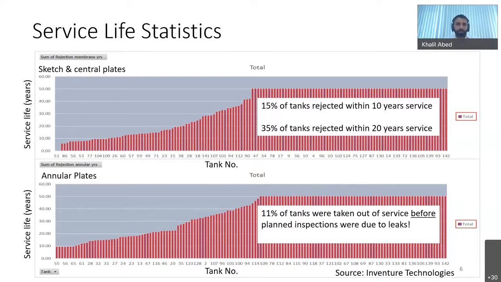The bottom graph shows that 11% of the tanks were taken out of service before the scheduled inspection due to leaks in the annular plates. So you can imagine the impact on the operations of the terminals or the refineries where tanks exist.